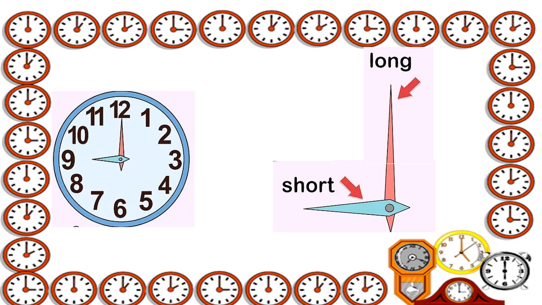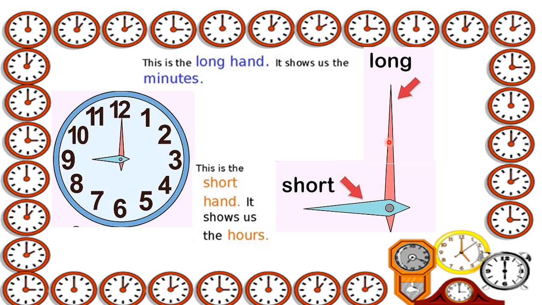Here you can see again one example of an analog clock, and here we have one short hand in blue color and one long hand in red color. The long hand, this red one, tells us about the minutes. It is called the minute hand. And this blue one is the short hand, and it tells us about the hours. So the long hand tells us about the minutes and the short hand tells us about the hours.